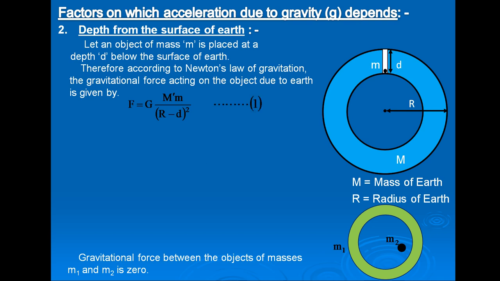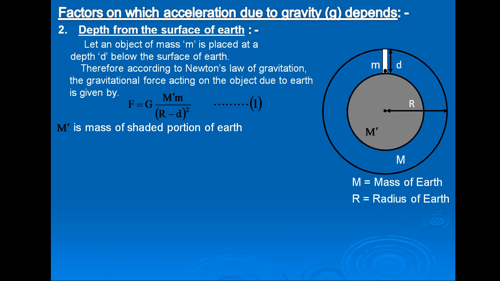Put this equation number 1. M dash is the mass of the shaded portion of the earth. This is the shaded portion of the earth and M dash is its mass, and R minus d is the radius of the shaded portion of the earth which exerts gravitational force on the object of mass small m.